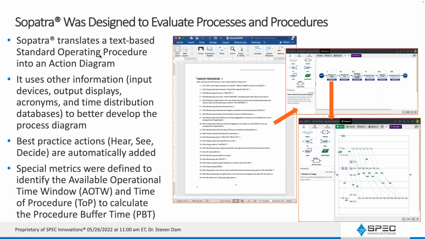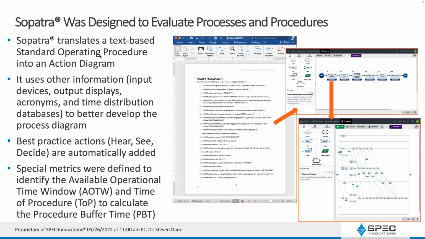So one of the things also in Sapatra, to help do this better, it's helpful to add other information, like what are the input device names, what are my output display names, and if there are acronyms being used, so you can translate the acronyms. Also, we have this idea of a time distribution database.